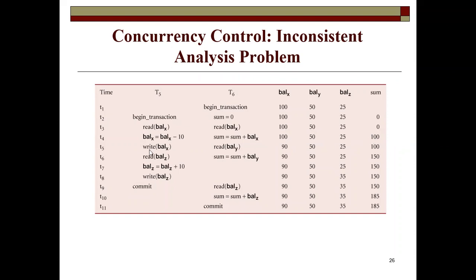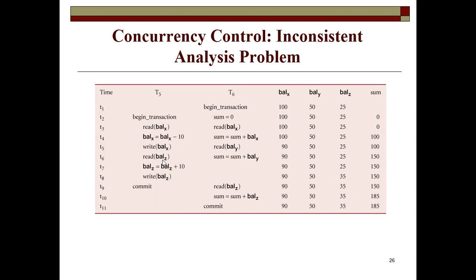At T5, we want to make an update to account X based on the deduction made. At the same time, we want to read the balance of Y by transaction 6. And so the update is made. Our account X has 90 because we subtracted 10. Y is 50, and so that means the read by transaction T6 is 50, and the balance of Z remains at 25, and our summation is still at 100.